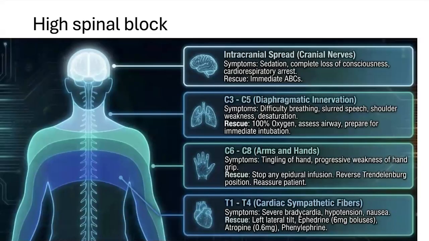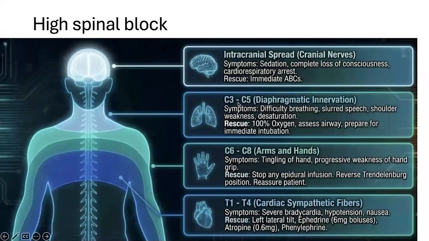So if a patient ends up with a high spinal block, how are we going to handle it? Now, if it is intracranial spread, where the cranial nerves are involved, the patient becomes drowsy, with complete loss of consciousness and cardiorespiratory arrest. That says that we have to go for the ALS protocol, immediate ABC.